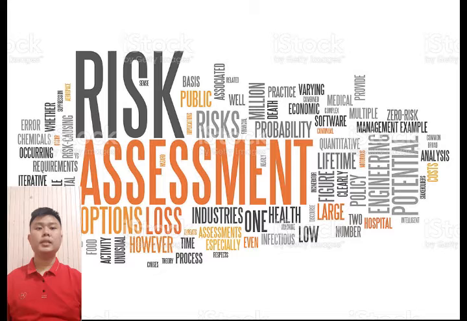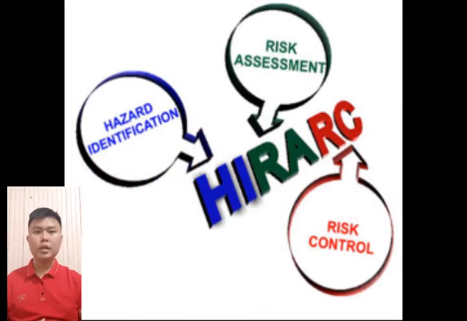Before we understand what the whole system does, let's first understand what Hirarc is. Hirarc is a compound word made up of three consecutive activities running one after the other: hazard identification, risk assessment, and risk control. Hazard identification refers to identifying things that may cause harm to people.